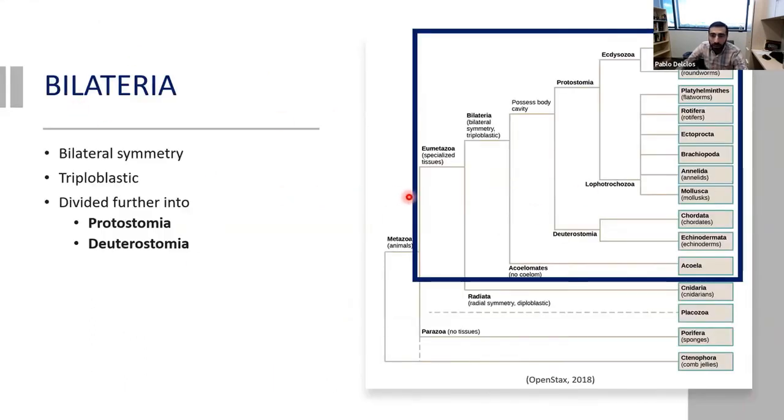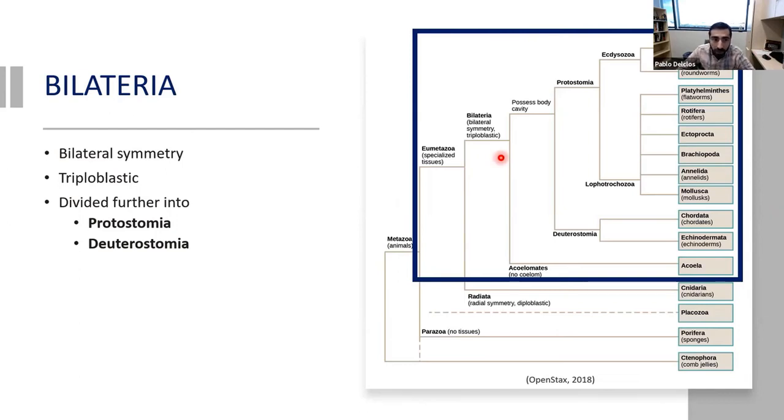So the rest of eumetazoans are within the Bilateria clade, all the bilateral symmetric animals. From this clade, we can break it down into two more sections. So you'll see we're going to break things down into two more sections over and over again until we get to the whole of Animalia, or the whole of metazoans.